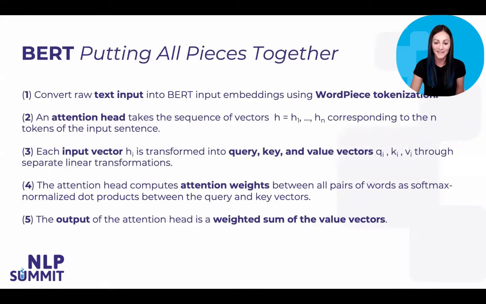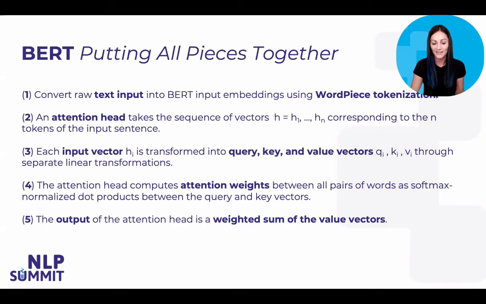Okay, so putting all pieces together. First of all, we started with converting the raw input text into BERT input embeddings. And one step in here is the word piece tokenization. Then the attention head takes the sequence of vectors corresponding to the tokens of the input sequence. And each input vector is transformed into a query, key, and its actual value through separate linear transformations.